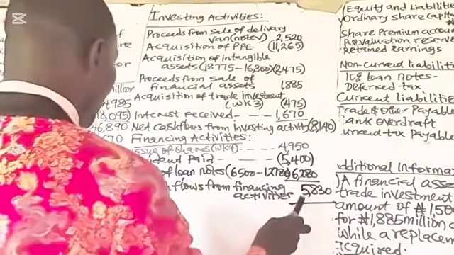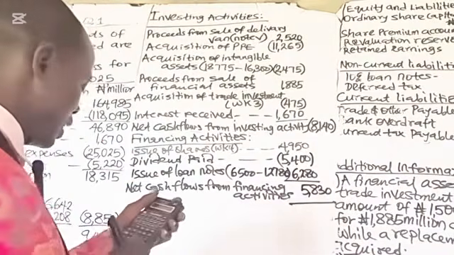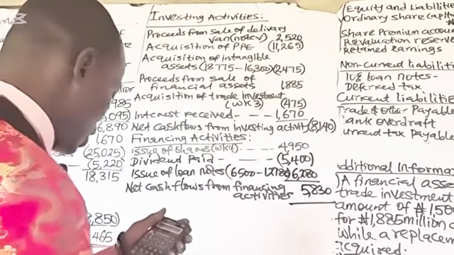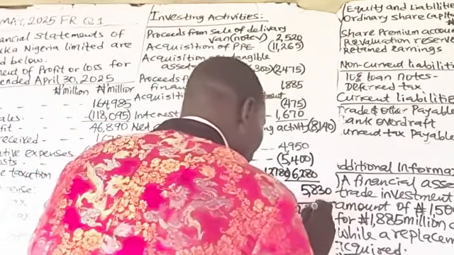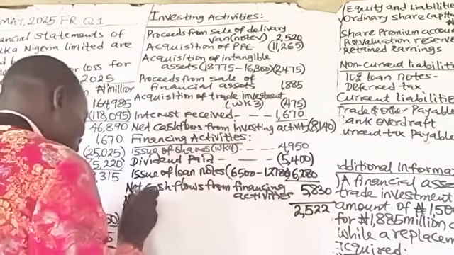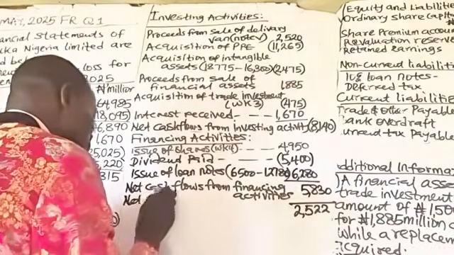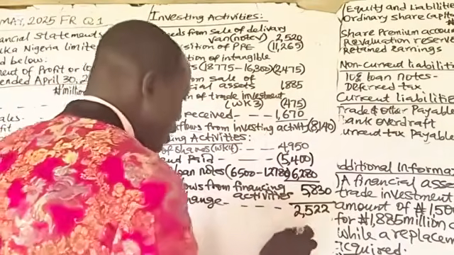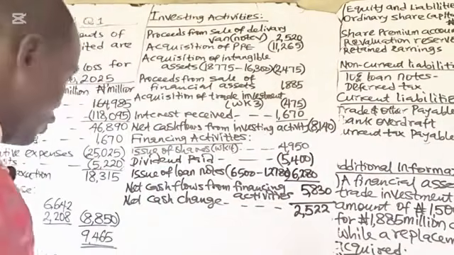Then the net cash flows from financing activities is positive 5,830. So you have 2,522. 2,522. That is the net increase in cash or cash equivalent, or you can say net cash change.